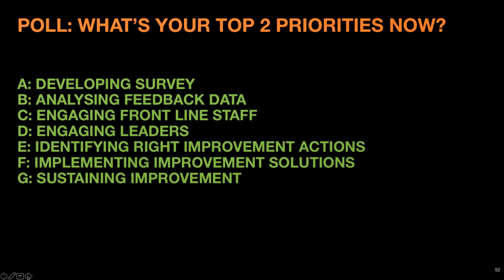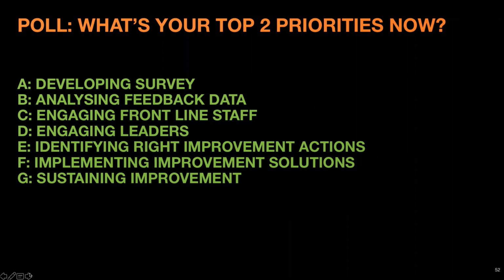So hopefully by now you've got at least one action that you need. A couple of you have talked about analyzing feedback data being a real problem for you, and that's really interesting, because I'd be happy to have a conversation offline with you about whether that's a time constraint, a knowledge constraint, a skills constraint, or a tools constraint that's causing that problem.